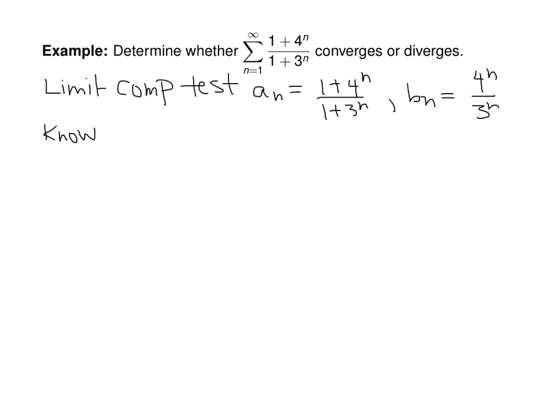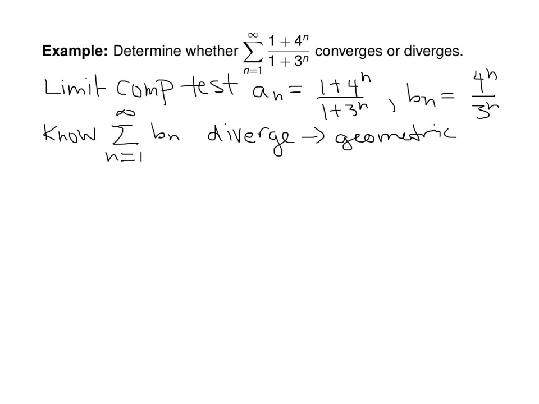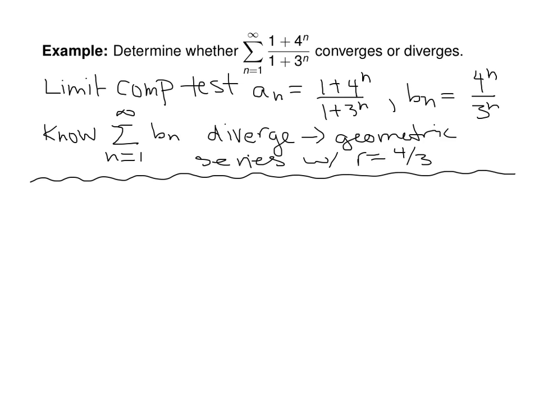And we know that the sum from n equals 1 to infinity of the B sub n's diverges because it's a geometric series with r equal to 4/3. So if this limit is equal to some finite number, we'll know that our series also diverges.